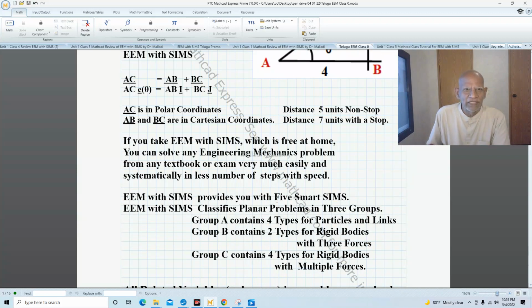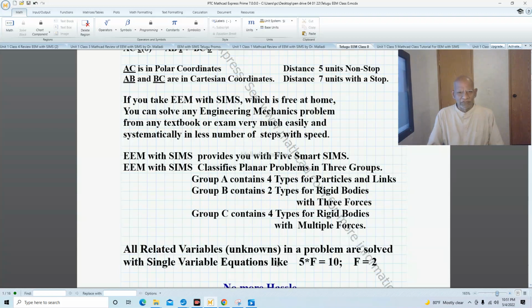EM with SIMS classifies planar problems in 3 groups. Group A contains 4 types for particles and links, Group B contains 2 types for rigid bodies with 3 forces, and Group C contains 4 types for rigid bodies with multiple forces.